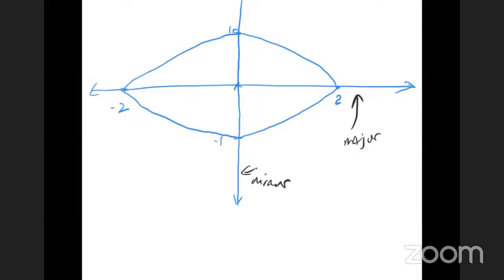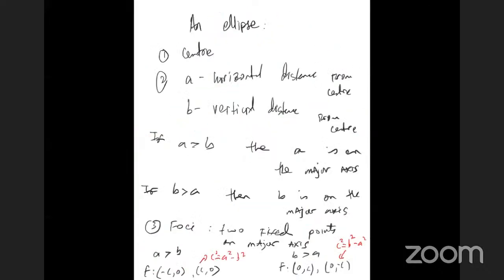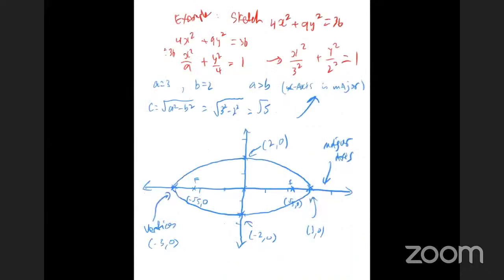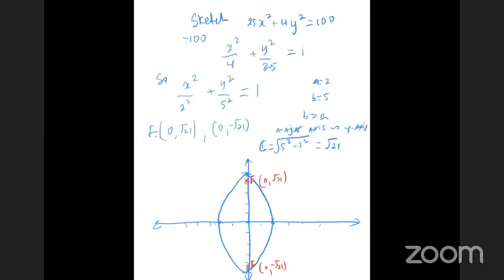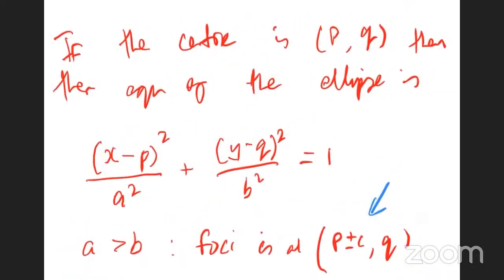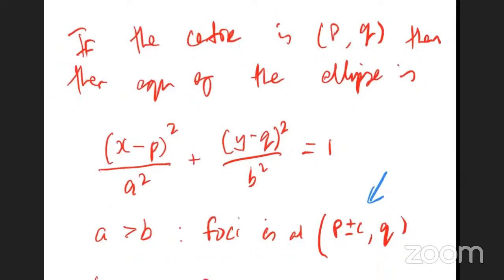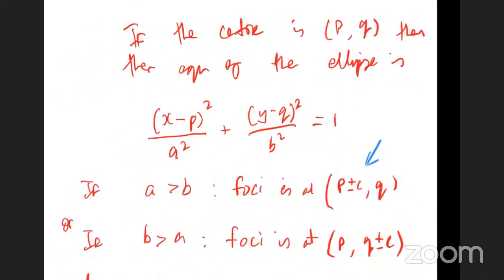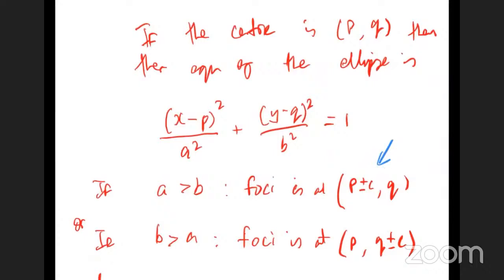So it looks something like this. If the center is P, Q, then the ellipse looks something like this.